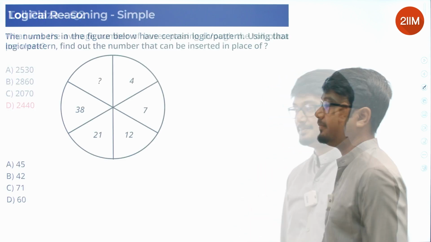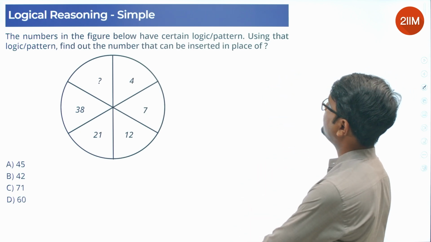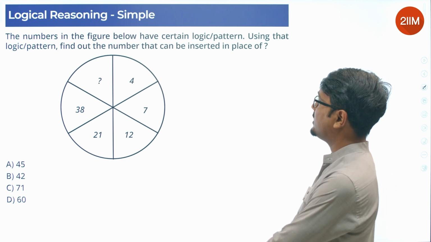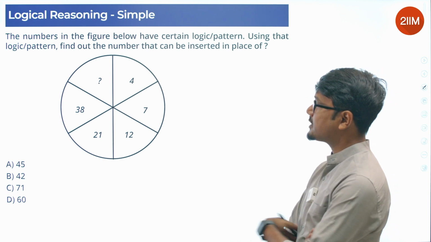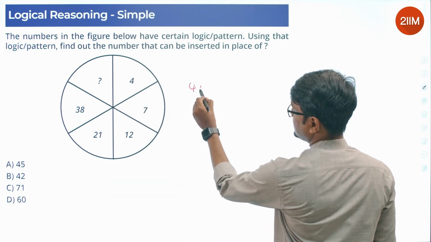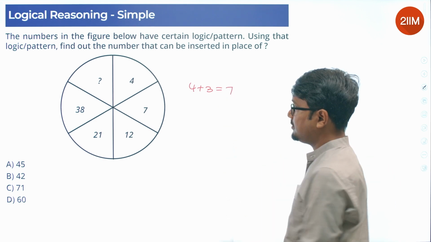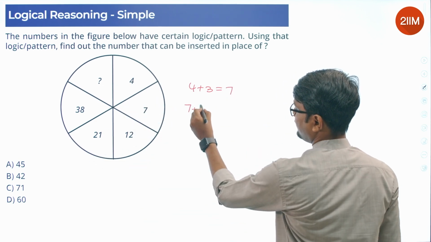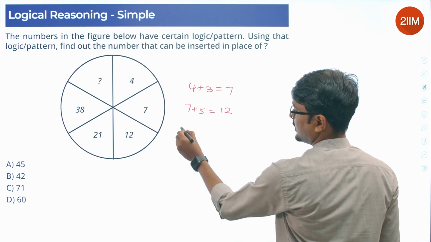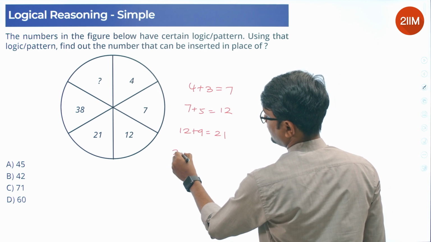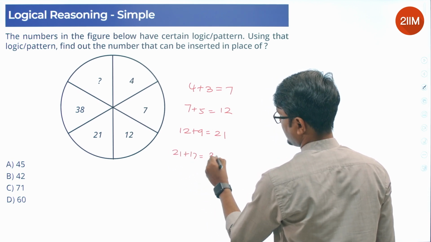The numbers in the figure below have a certain logical pattern. Using that logical pattern, find out the number that can be inserted in the place of the question mark. So 4 plus 3 will give you 7. I'm thinking in this clockwise direction. 7 plus 5 will give you 12. 12 plus 9 should be 21. 21 plus 17 should be 38.